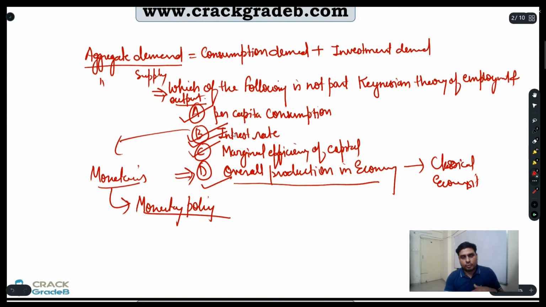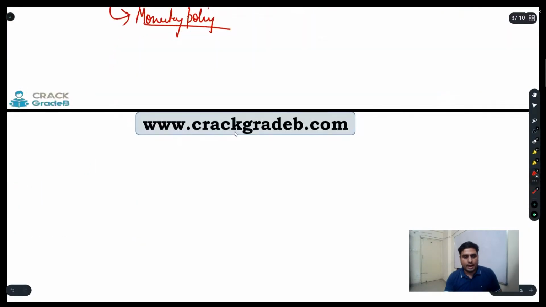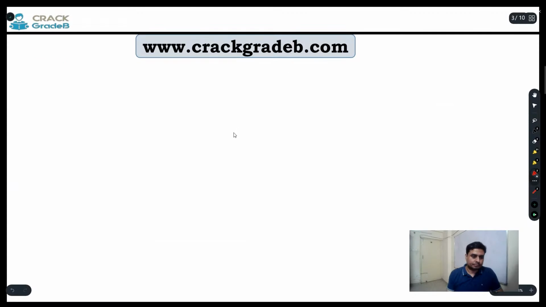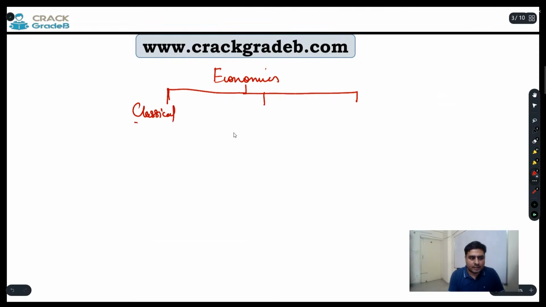Now, just before moving ahead, I want to clear one more thing. I told you in the beginning also, I'm telling you again: in economics, there are basically three kinds of dominant theories. One is classical theory.